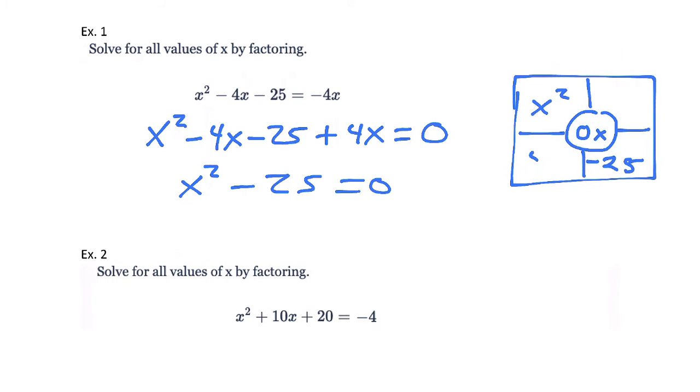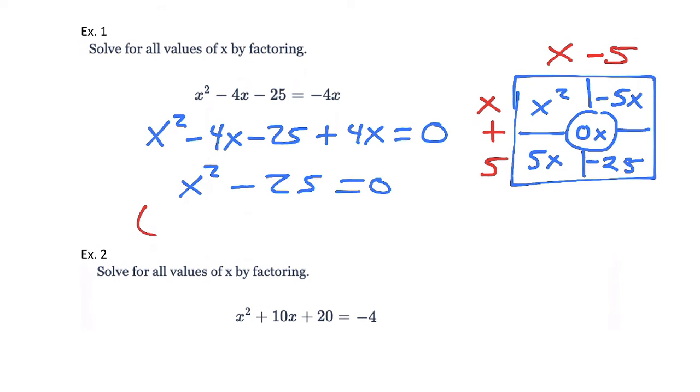Well, that means one would be 5x, and the other one would be negative 5x. That way, our factors are x minus 5 and x plus 5.